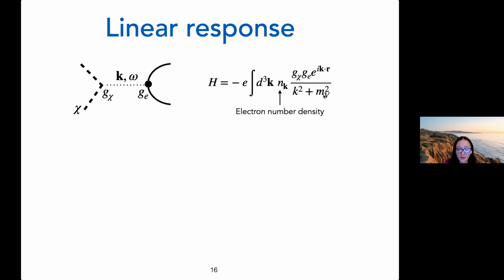This potential is basically just a usual potential with mediator mass, assuming a spin independent interaction, and these couplings g_chi and g_e of the mediator to dark matter and electrons. So instead of thinking in more particle language, I'll think of it as some external perturbation to a system, a dielectric.